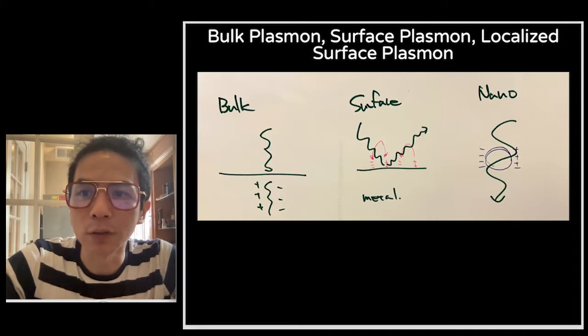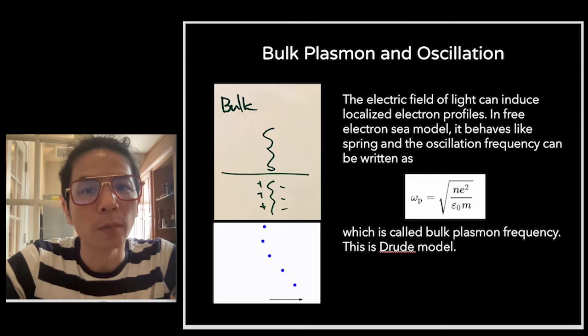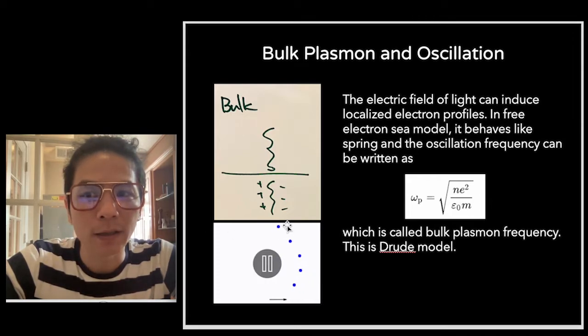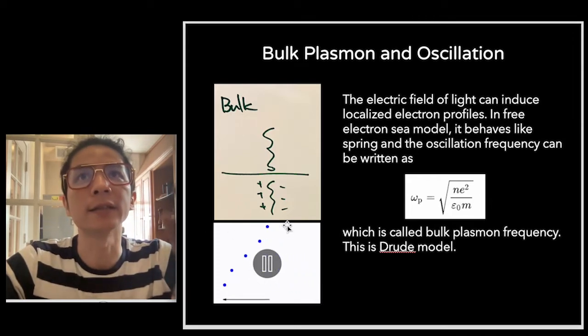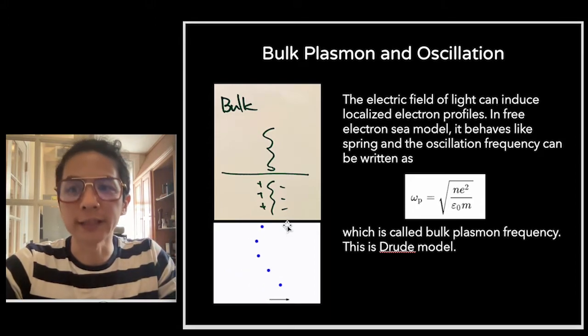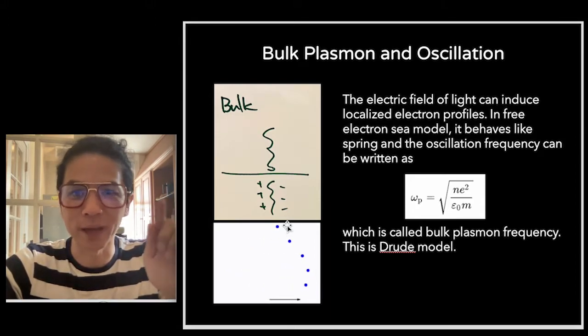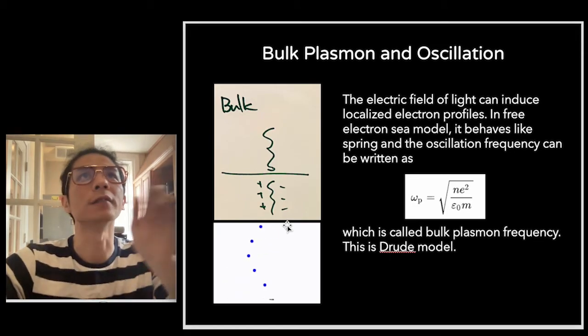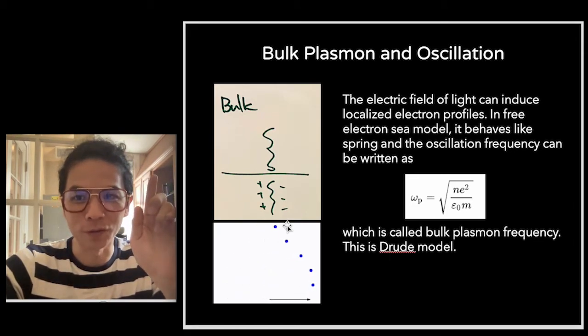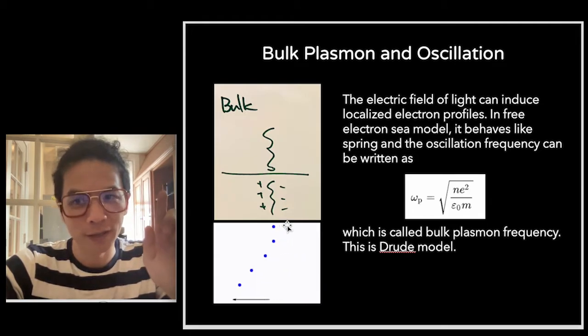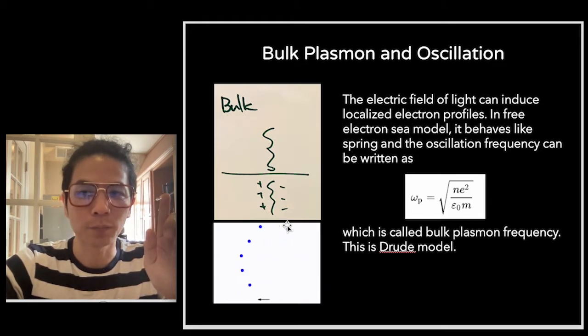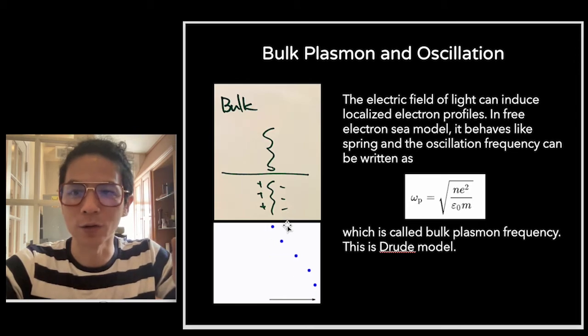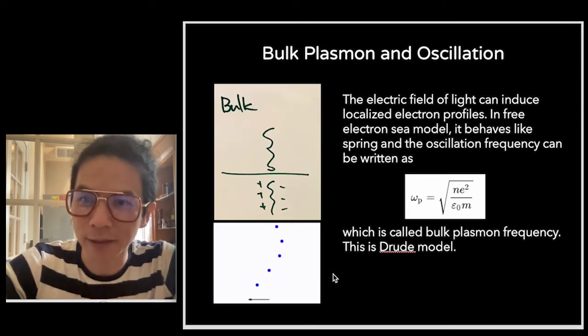So I want to start with the most basic one, which is bulk plasmon. The idea is you imagine that you inject light into the metamaterial, and you can imagine that the electric field of the light is going to disturb the electrons and change the localization of electrons inside the bulk, right?